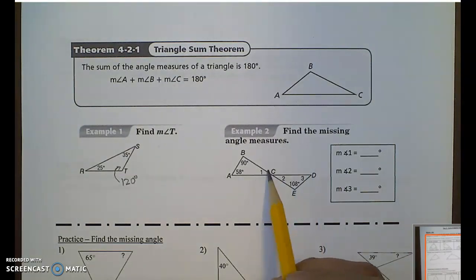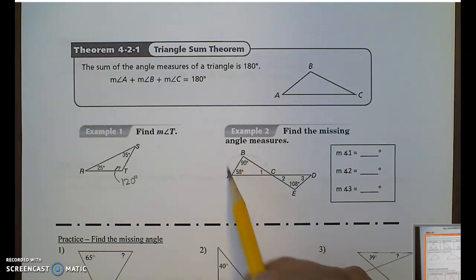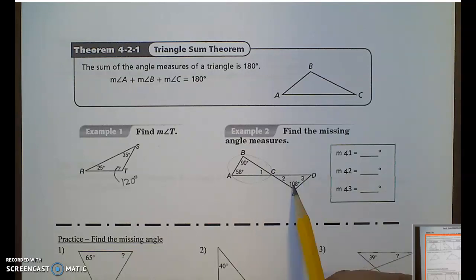So let's find angle 1 first. We want to choose this one first because in this triangle we have 2 of the 3 angles. You don't want to start with this triangle where we only have 1 angle measurement that's given. So we're going to start with this one.